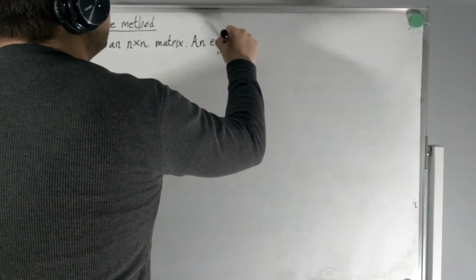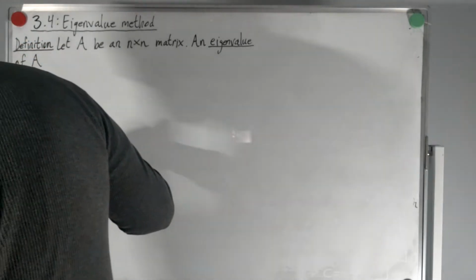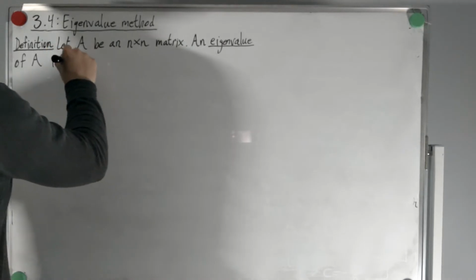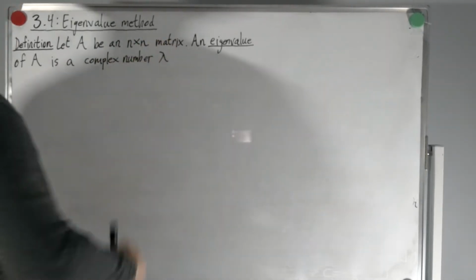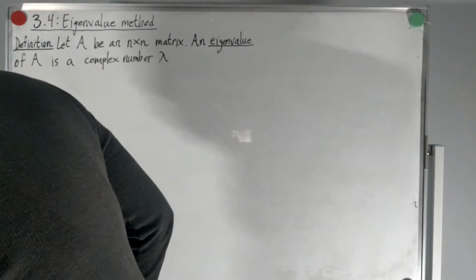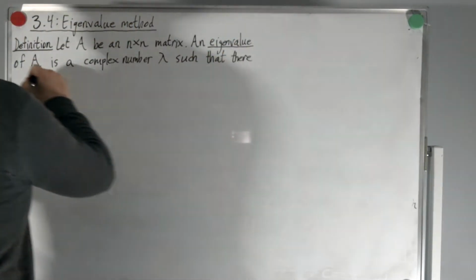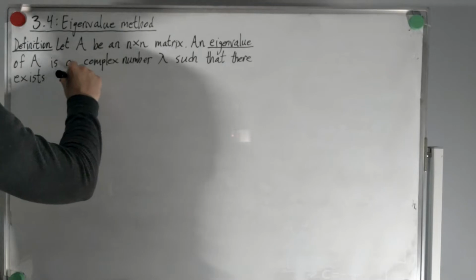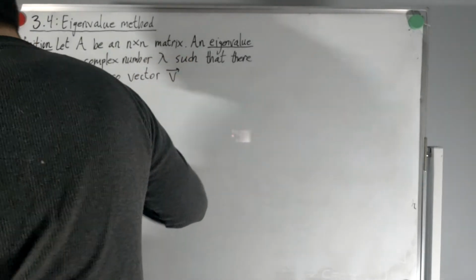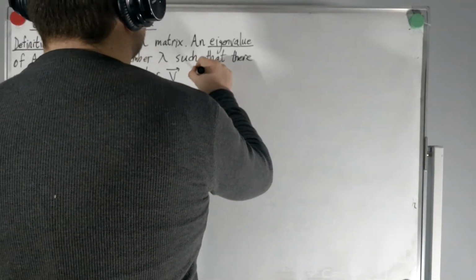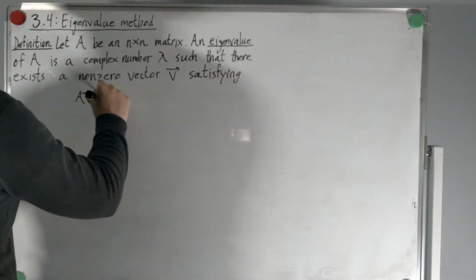An eigenvalue of A is a complex number lambda such that there exists a non-zero vector V satisfying the equation A times V vector equals lambda times V vector.